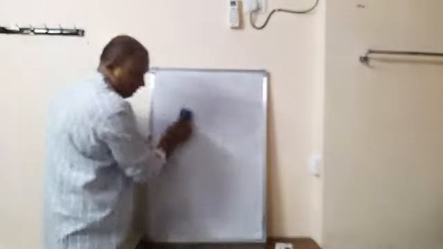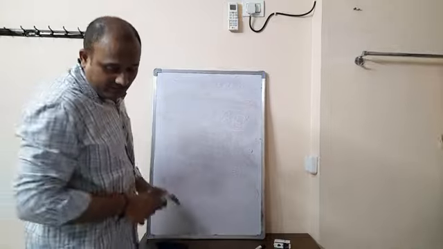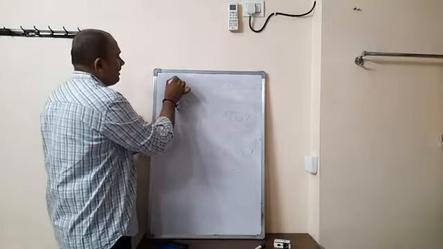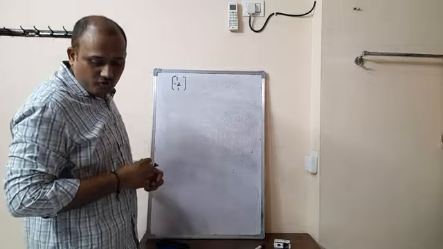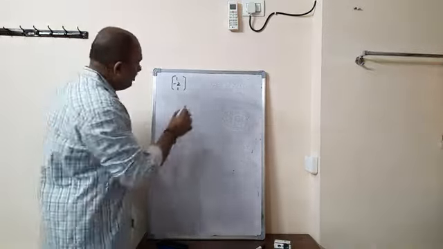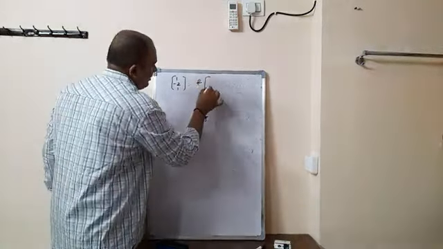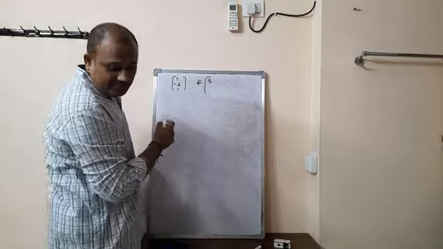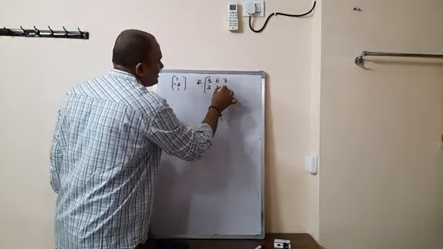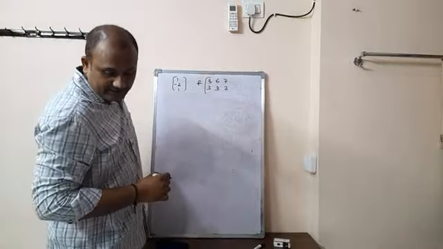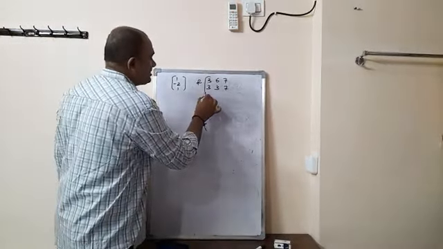Suppose we take another problem. Is the vector (1, -2, 1) an eigenvector of the matrix with first row 3, 6, 7, second row 3, 3, 7, and third row 5, 6, 5?